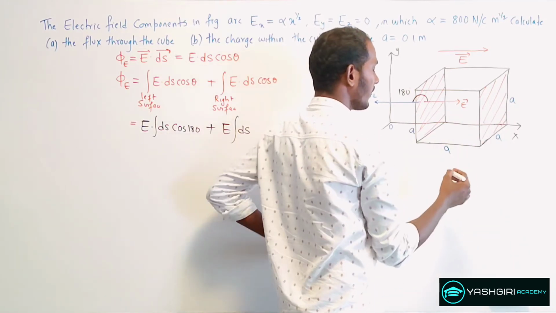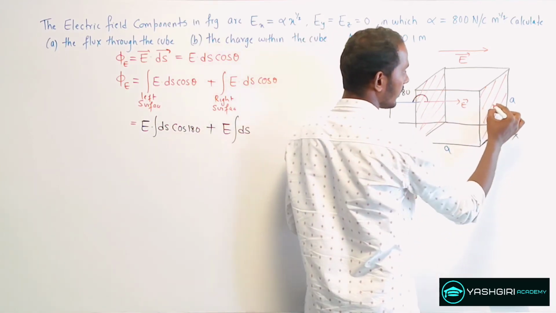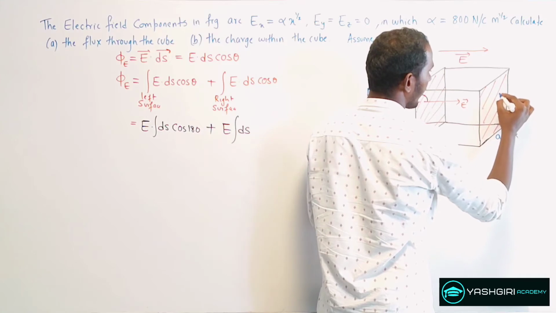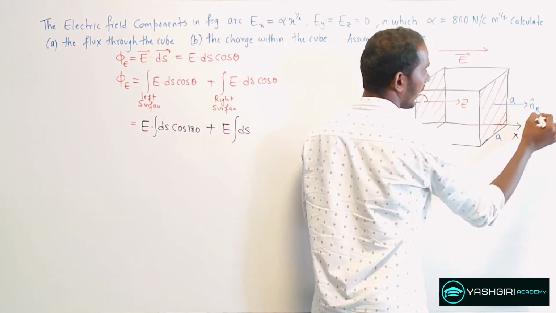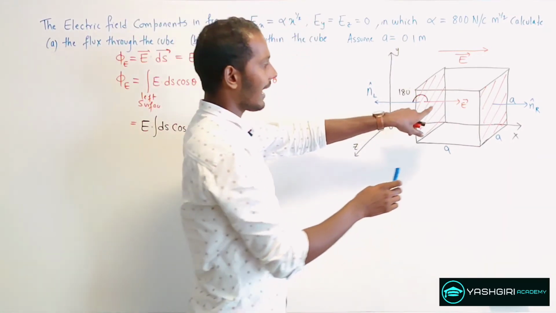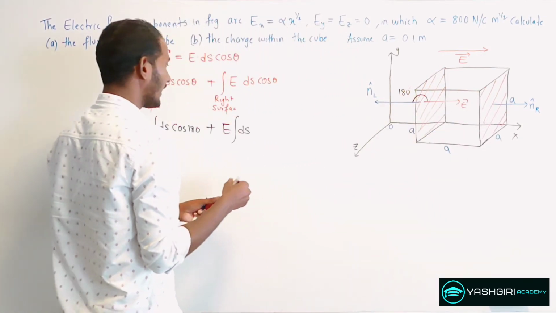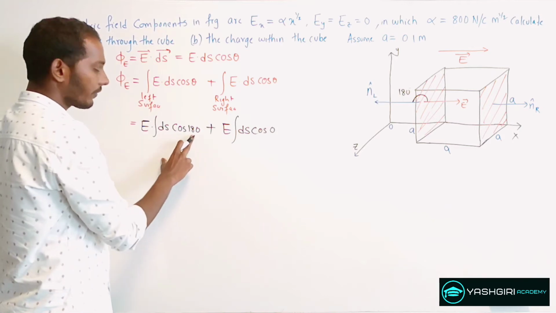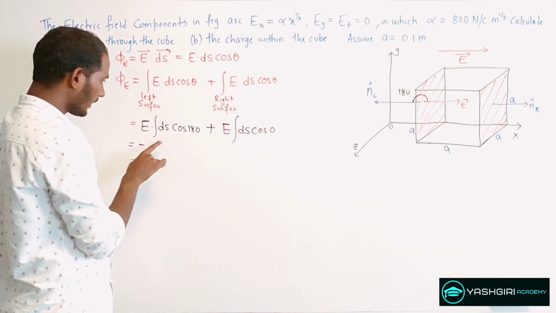In this case, the direction of the unit vector is pointing outward, and it is again in the same direction as the electric field. So n cap of r. The angle between the electric field and this n cap of r is 0, so that will give me cos of 0. So cos of 180, what I know is negative, minus, correct?